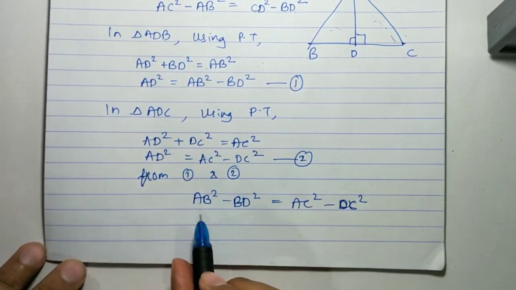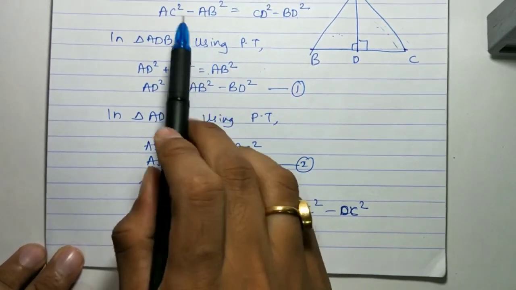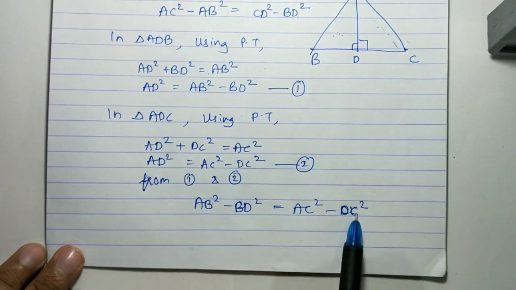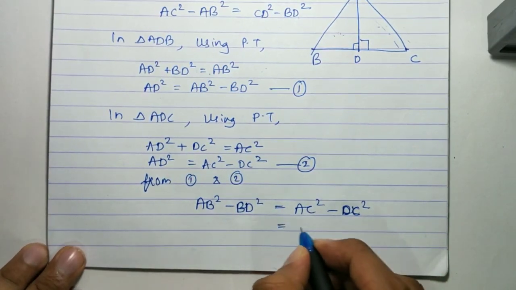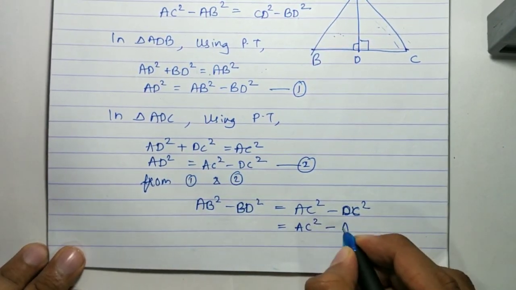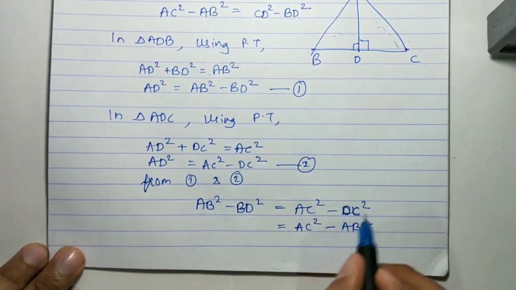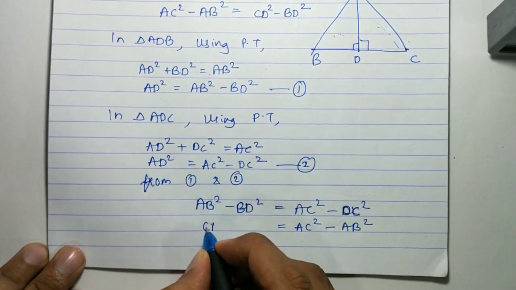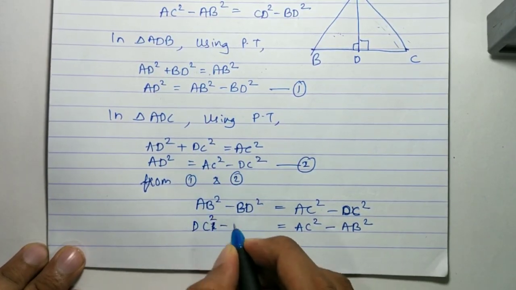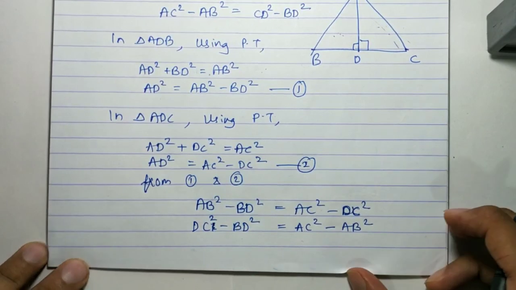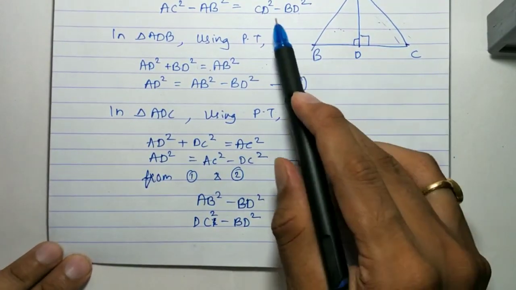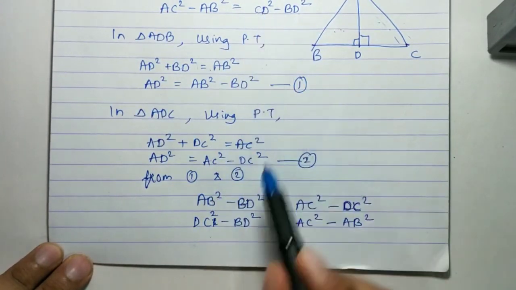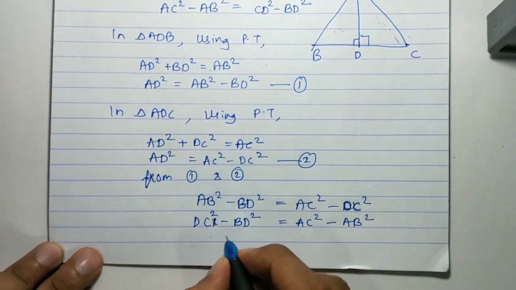Now what do I want for the proof? I want AC square minus AB square. So I'll shift this AB square on the left hand side. So this will become AC square minus AB square, and I bring this minus CD square to the left hand side. So this will become DC square minus BD square, which is almost the same. See, this is the same, just here CD square is written and I wrote DC square. Let's correct that also.